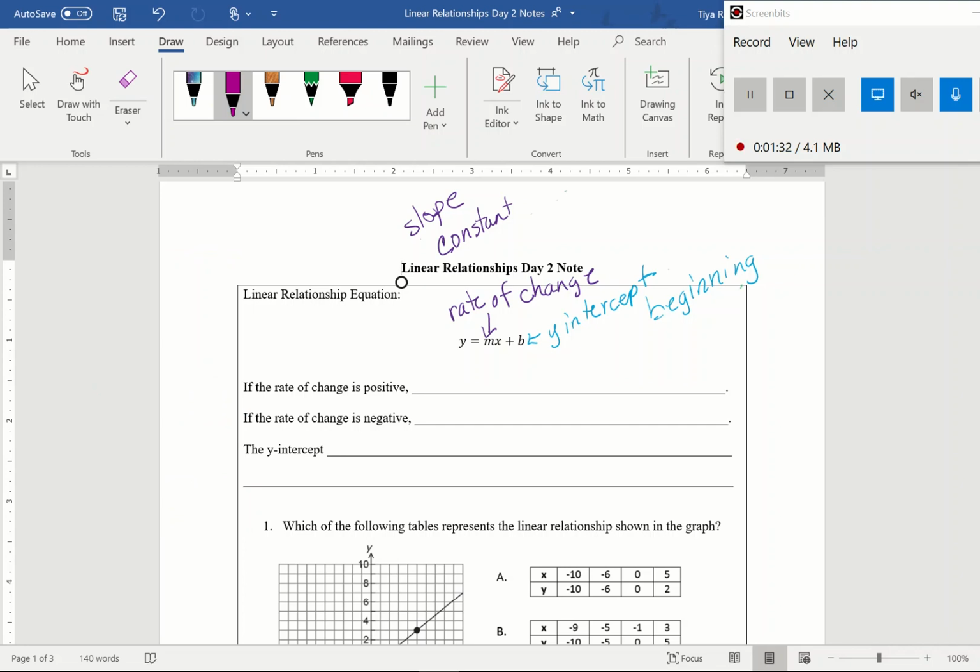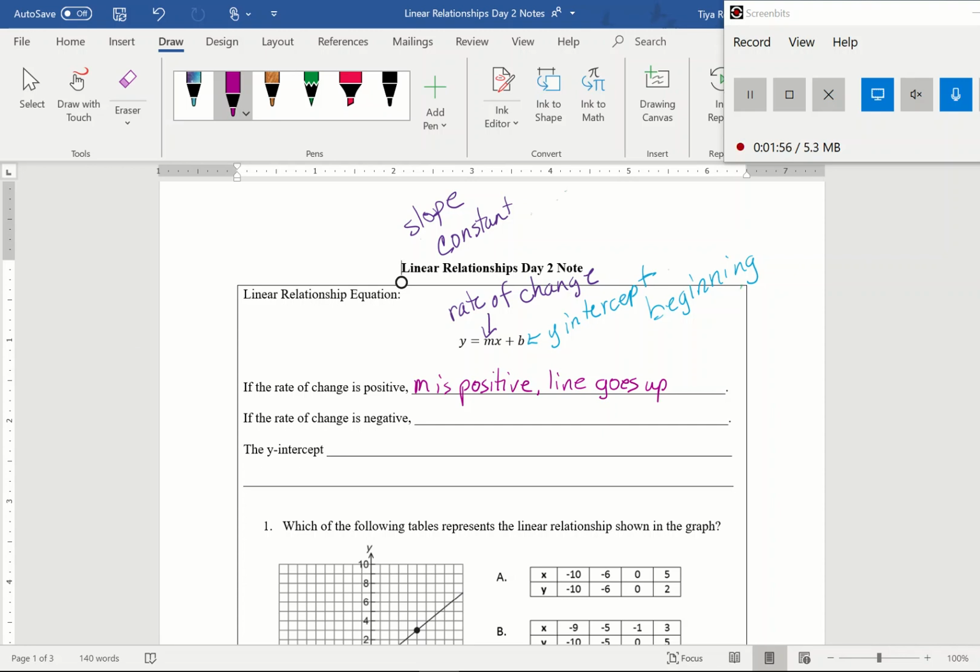If the rate of change is positive, then m is positive, and the line goes up on the graph. In a table, both the x and the y are going up or down together.